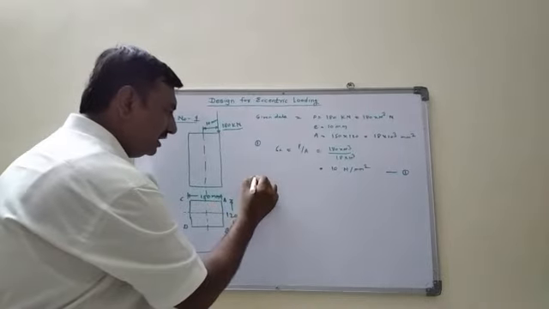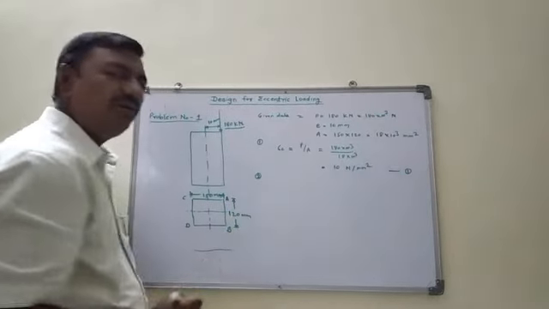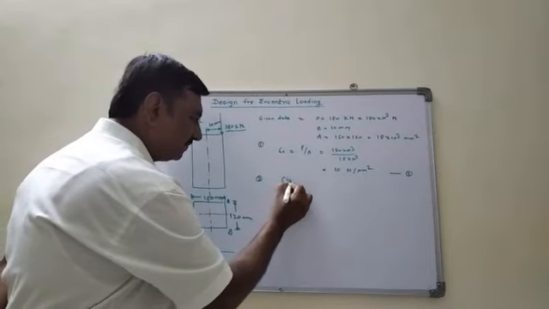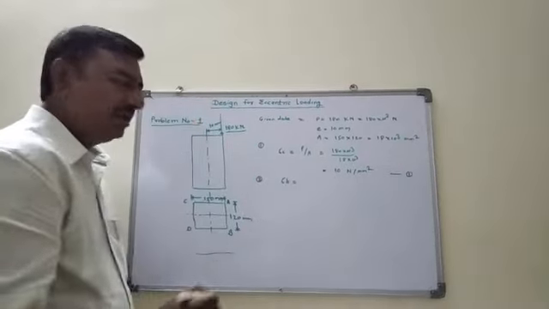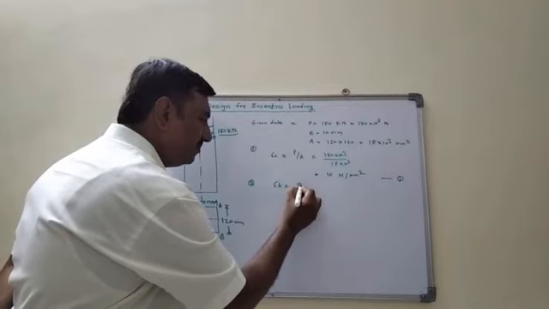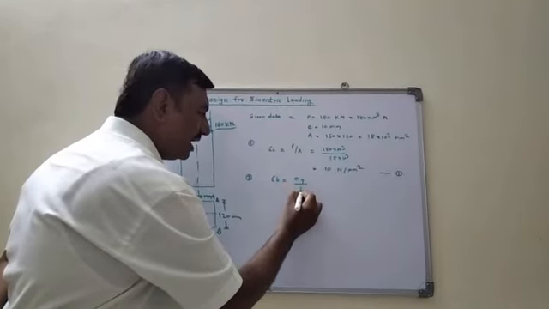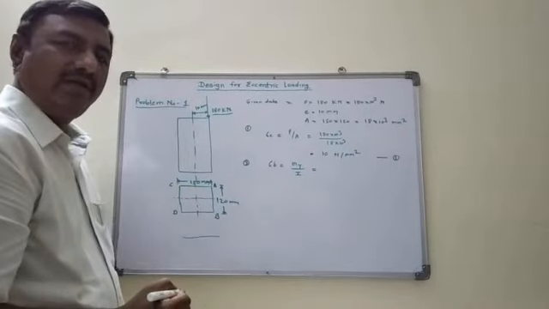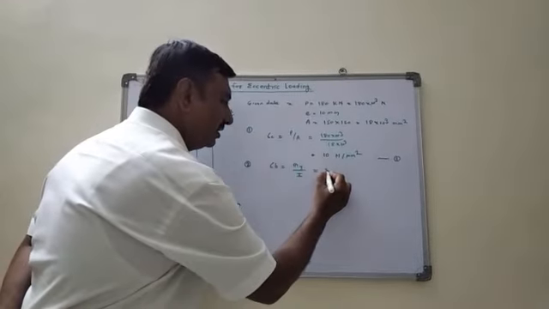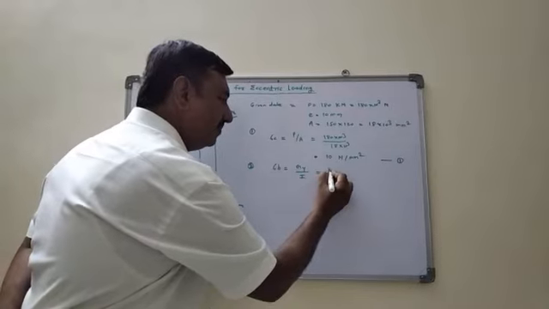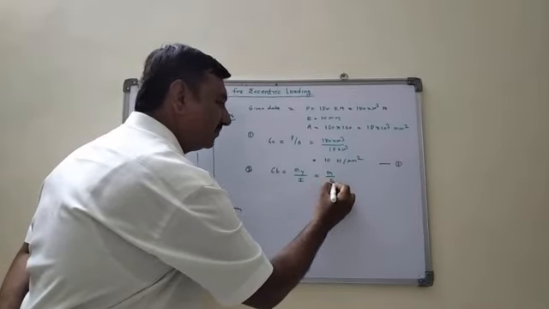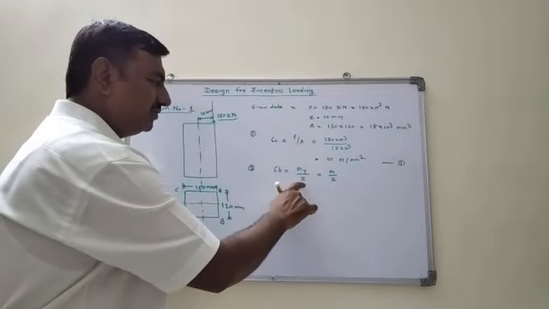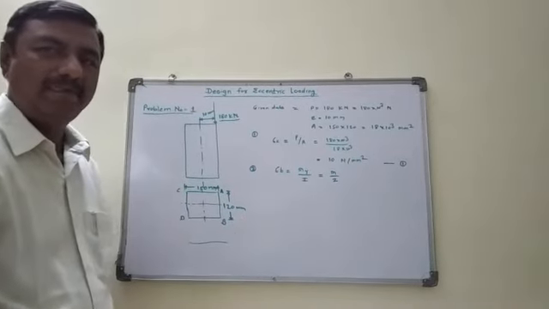Thereafter, second, we have to calculate the bending stress. We know that sigma B is equal to M y upon I, or we can also write M by Z, where Z is the section modulus, which is equal to I by y.